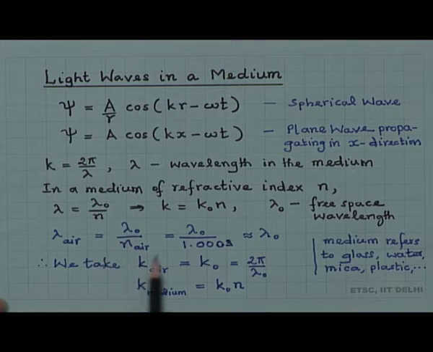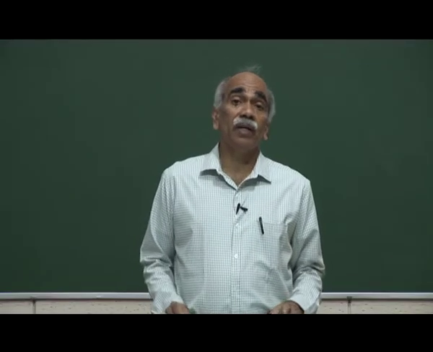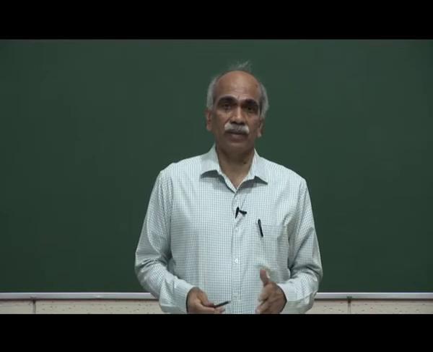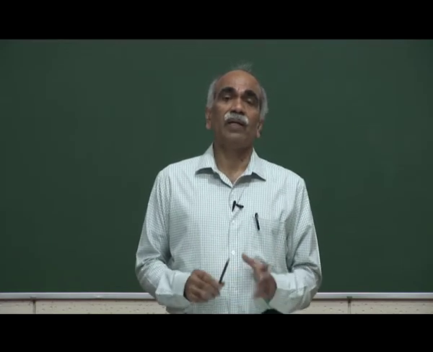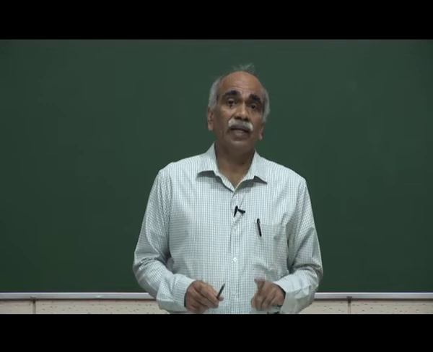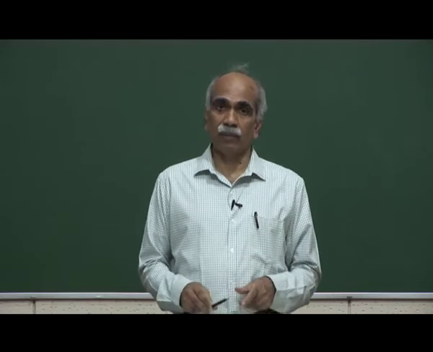However, n air is approximately 1.0003, so this is almost equal to lambda 0. When we specify that a source is of wavelength, say 600 nanometer or 500 nanometer, we refer to the wavelength in free space, that is lambda 0.